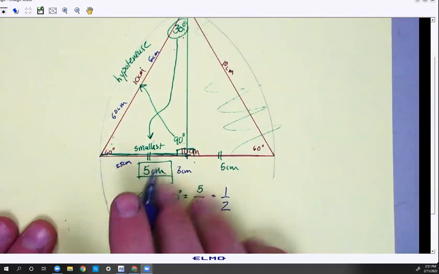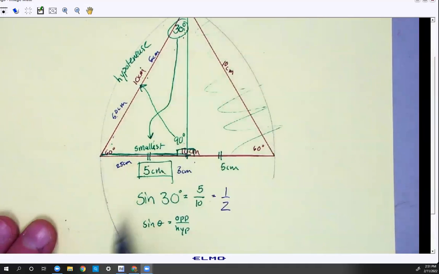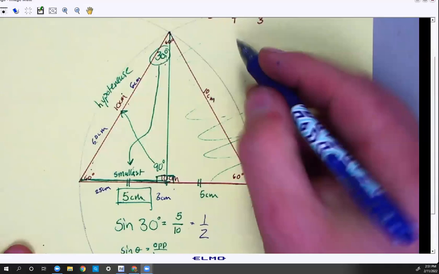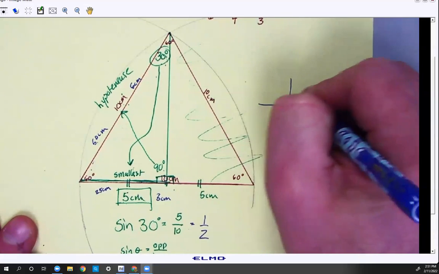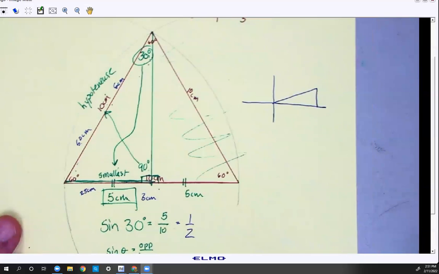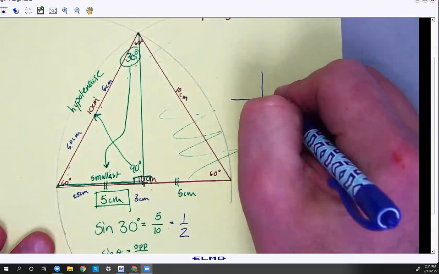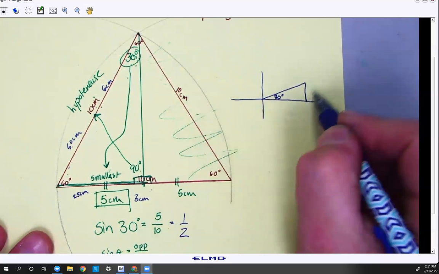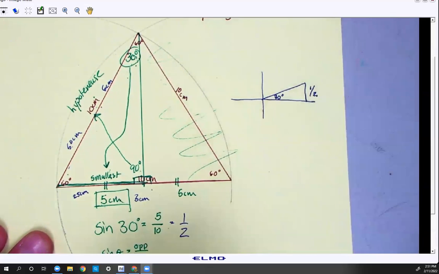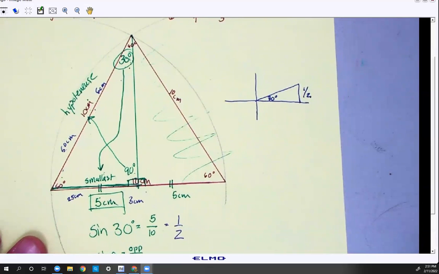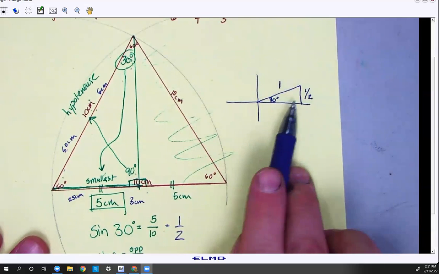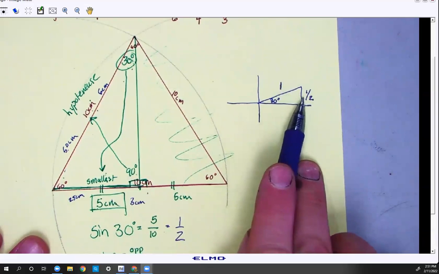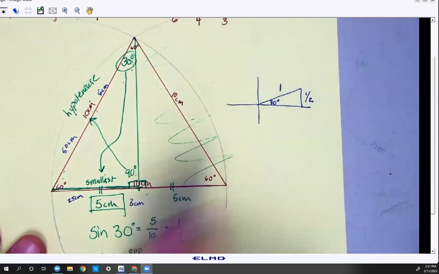So instead of calling this 10 or 6 or 50 and calling this 5 or 3 or 25, we just think about a 30-degree angle as having the side opposite of it be half the hypotenuse. So if I just call it half, then I can call the hypotenuse 1. So if this is 1, the side opposite 30 degrees is a half.